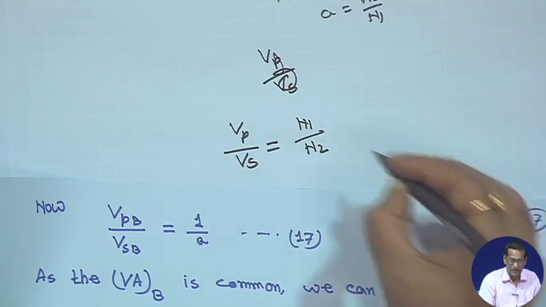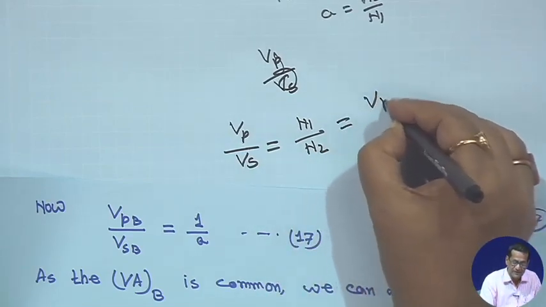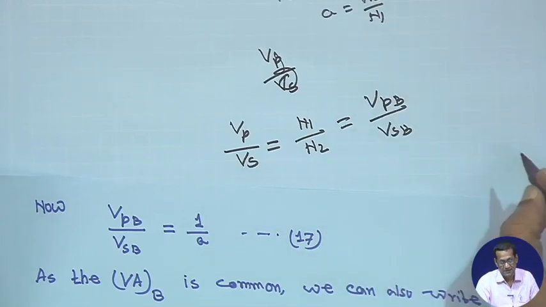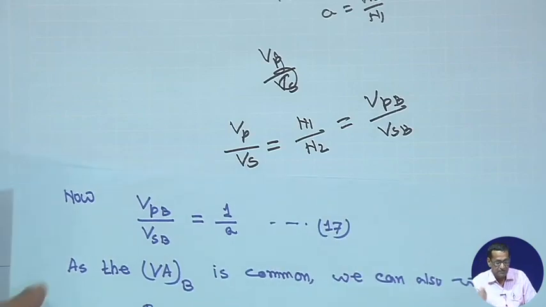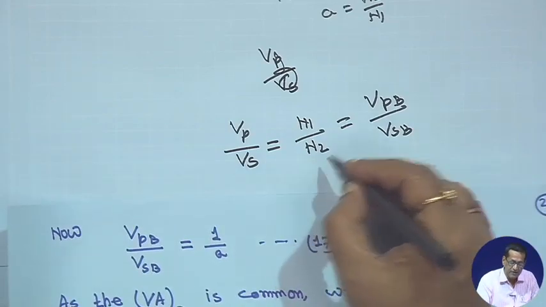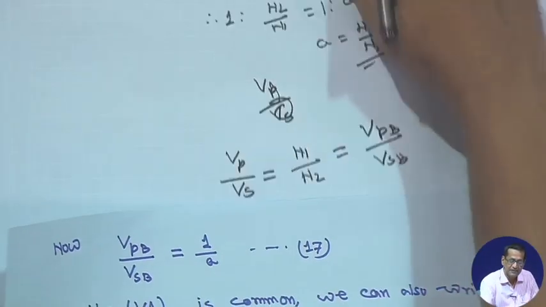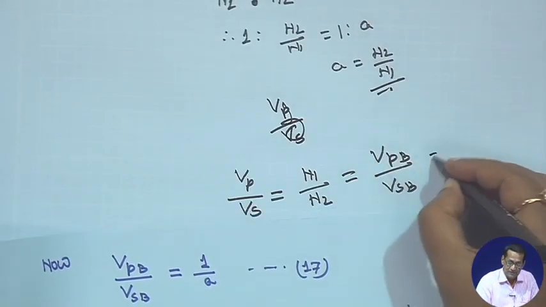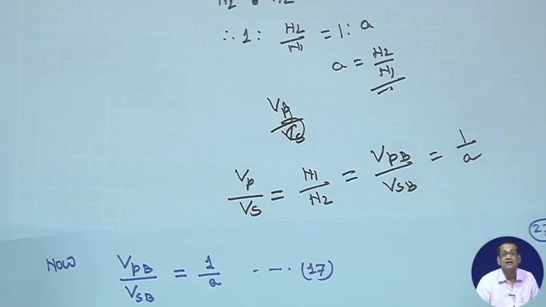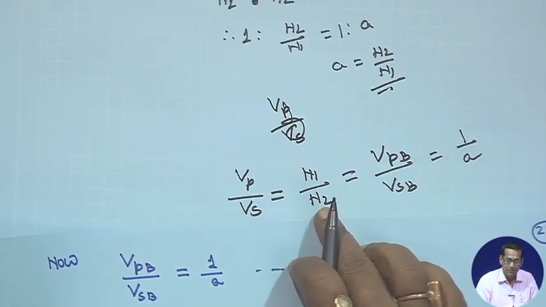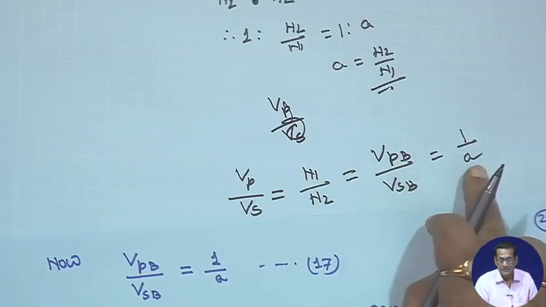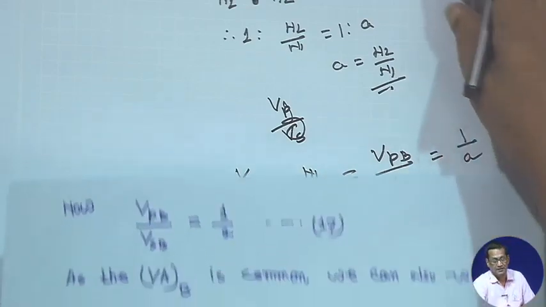This can also be written as VPB upon VSB. Because A is equal to N2 upon N1, this is 1 upon A. That means VPB upon VSB is equal to 1 upon A.